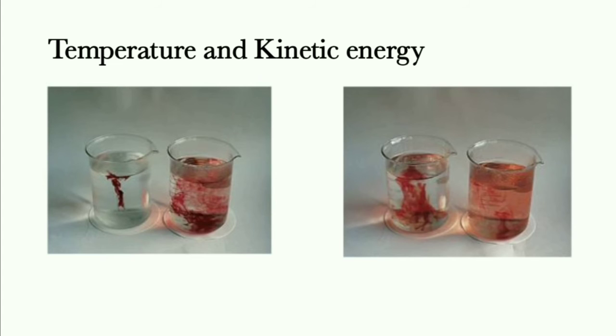Because of the high temperature in the right side tumbler, the potassium permanganate is spreading faster. In other words, the temperature is high, and the kinetic energy of the molecules is also high. This is what we can observe from Activity 3.